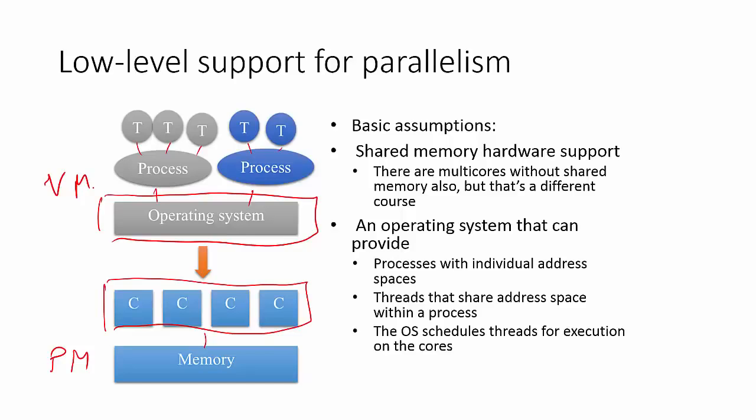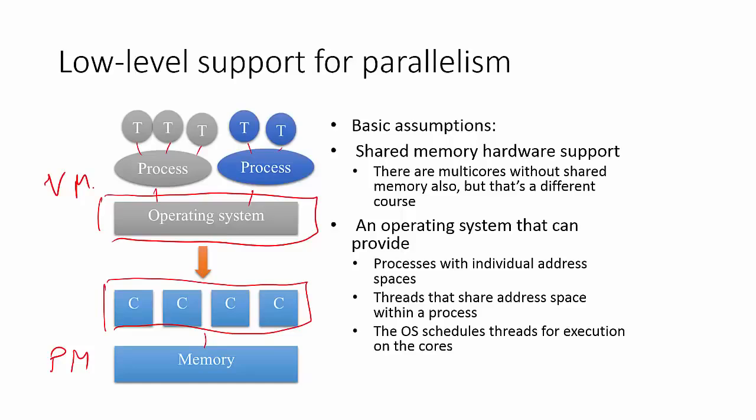So even though the physical memory is shared, processes do not share memory. But the threads within a process do share memory. The operating system's task here is to not only provide the virtual memory address spaces for each process, but it will also provide scheduling mechanisms to schedule the threads onto the available cores.